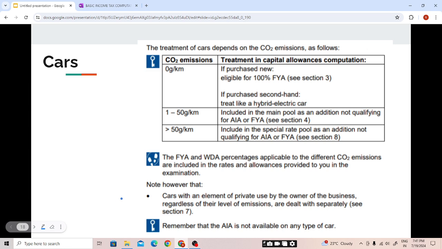If the CO2 emission of the car is between 1 gram per kilometer and 50 grams per kilometer, it will be treated under the main pool. And students, if the CO2 emission of the car is more than 50 grams per kilometer, it will be covered under the special rate pool.